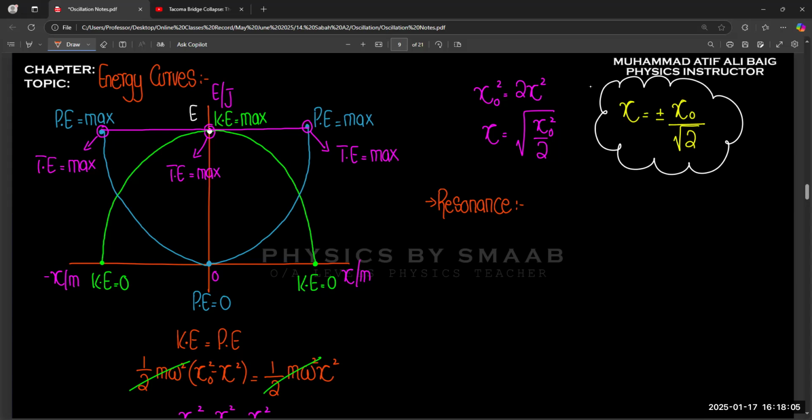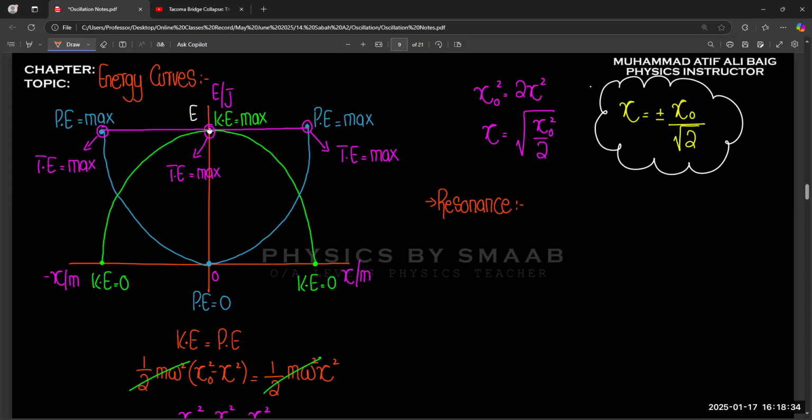This happens because of the resonance idea. And what is the concept of resonance? For example, consider a daily life example, the swing. What happens on the swing? When we take the swing freely, we move in forward and backward directions.